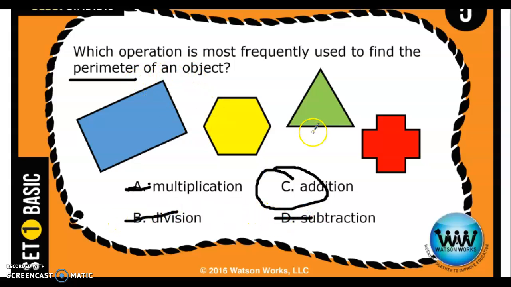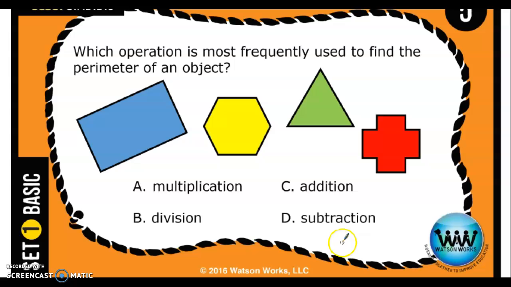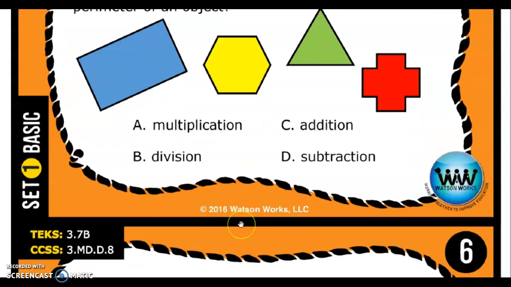Now, if you have a square or a shape with all equivalent sides, could you multiply? You sure could, but adding is the most frequently used operation. Okay?